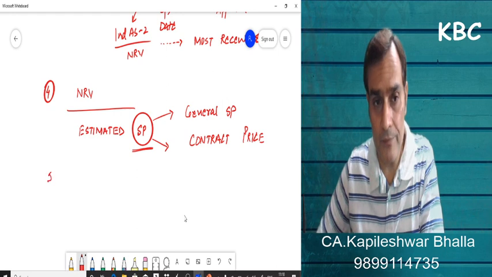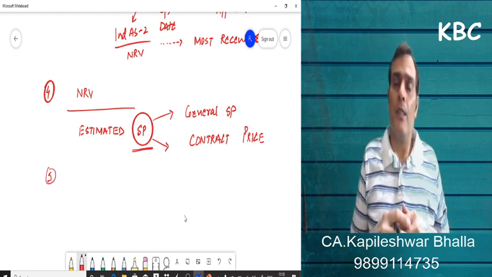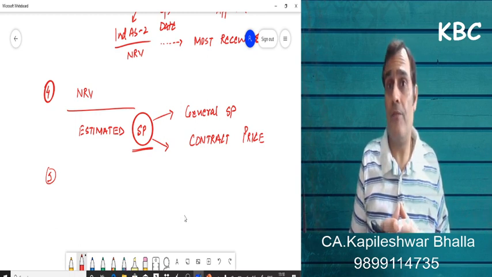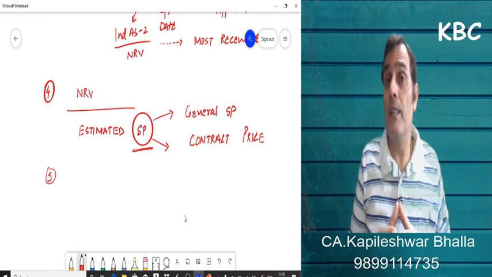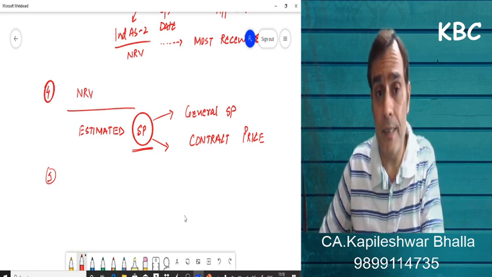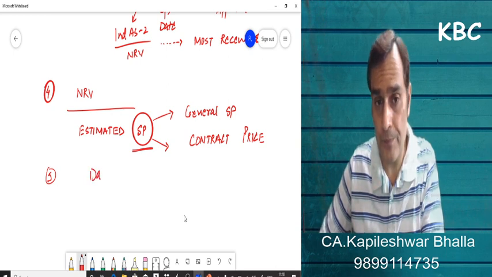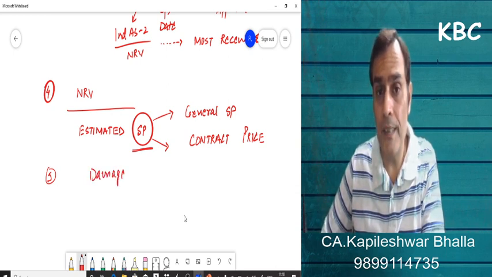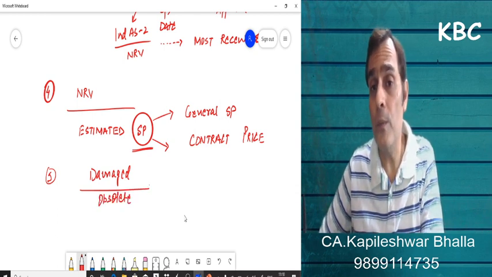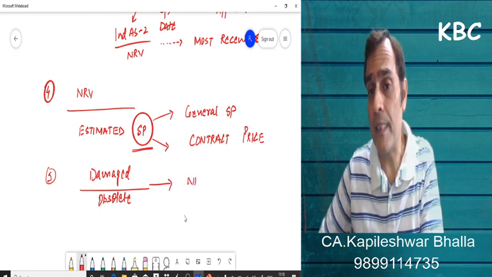Next, number 5. When you're looking at NRV, Ind AS 2 also gives us another clarification. Generally, and I'm being very careful with the word generally, when you consider that inventories are damaged, or when you consider that inventories might be obsolete in nature, we will generally go with the presumption that NRV is less than cost.